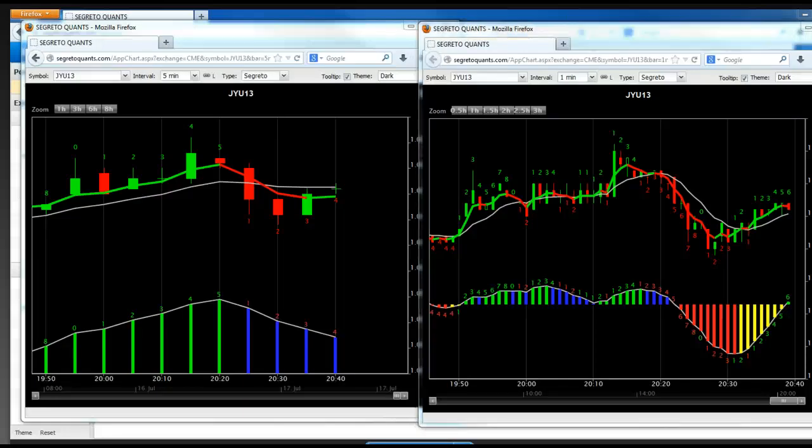Possible long entry. And if you were to look at your Ninja chart right now, more than likely you'd probably see a fist. I'll bet there's a fist happening.